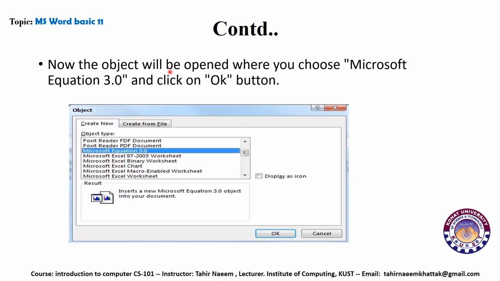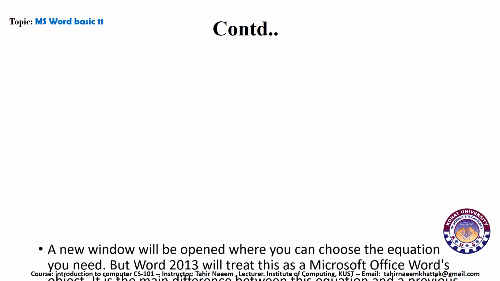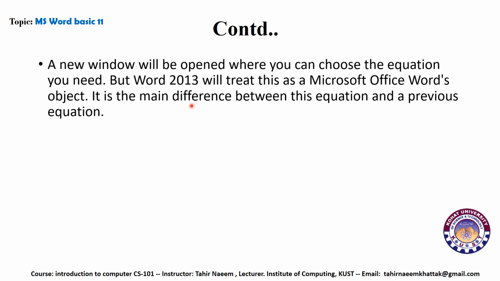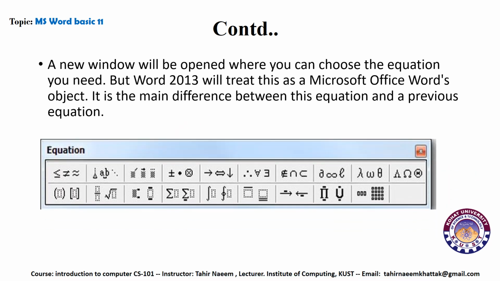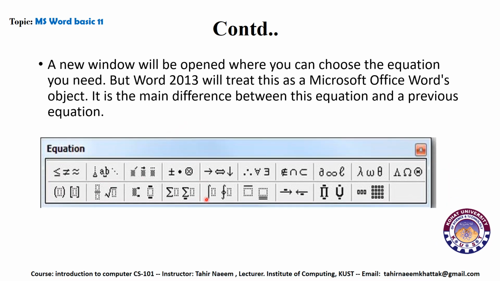When we click on Microsoft Equation 3.0 and click OK, a new window will open where we can choose the equation we need, and this is the main difference between this equation and the previous equation. As you can see, different equations are present, and we can draw different equations from these structures.